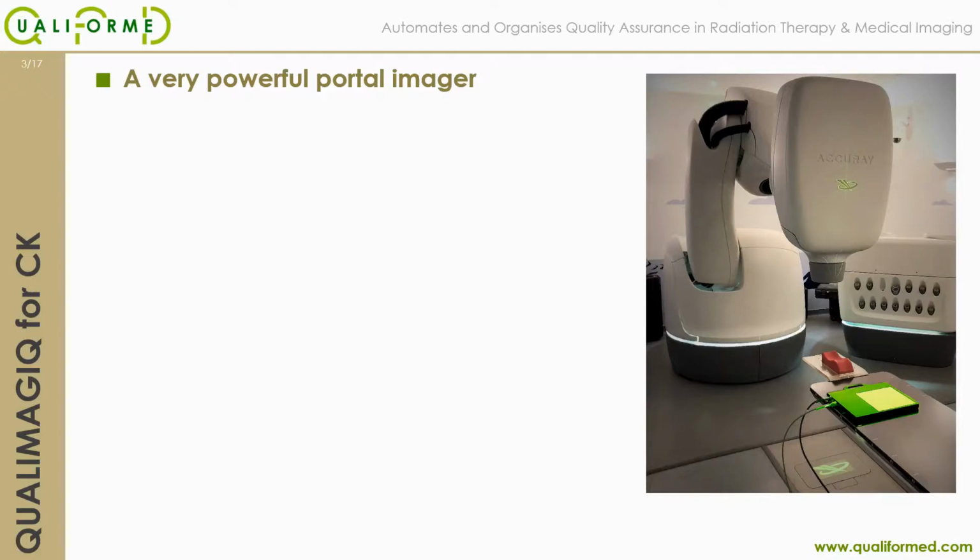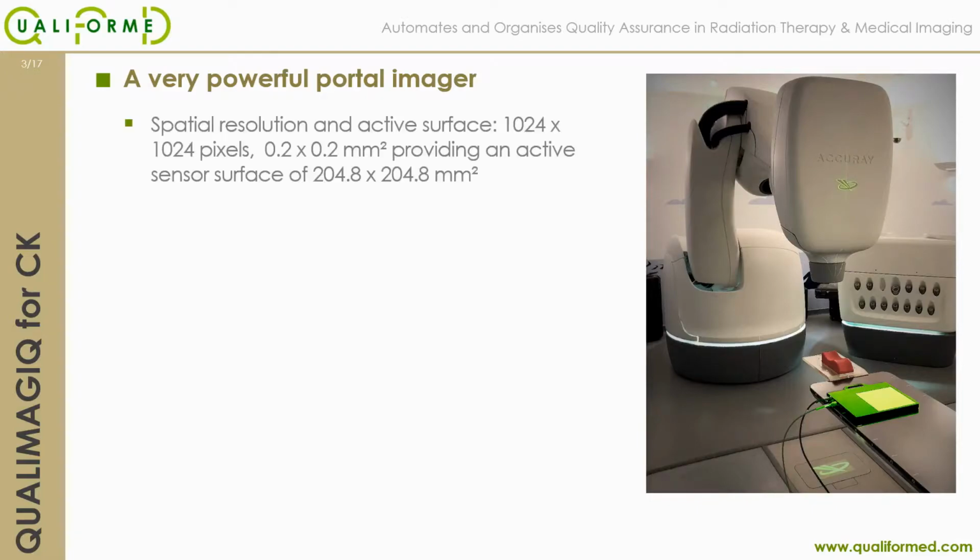Our portal imager is a high-resolution imager with 1024 by 1024 pixels, 0.2 mm in size, which can cover a surface of approximately 200 mm by 200 mm.